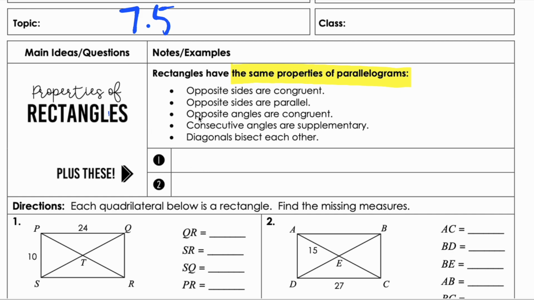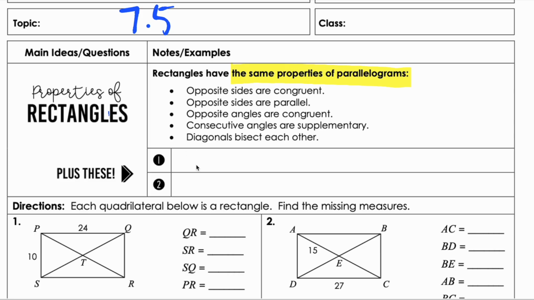So just to recap, a parallelogram has opposite sides that are congruent, opposite sides are parallel, opposite angles are congruent, and consecutive angles are supplementary. Diagonals bisect each other. Great, those all make sense. We've gone over that.